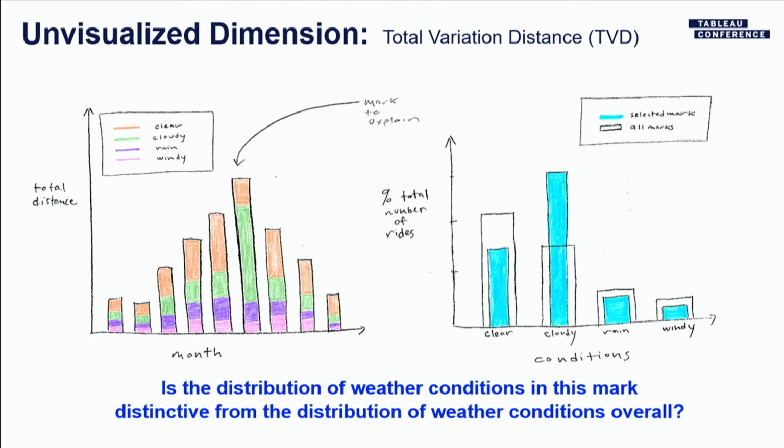And if it is, then we consider this a candidate explanation. Now, there are two caveats to this type of explanation. For all the other types of explanations, I was trying to explain why August was high. But here, I'm not saying anything about the value of August. I'm just saying that August is different than the other months because it has a different distribution across this other dimension.